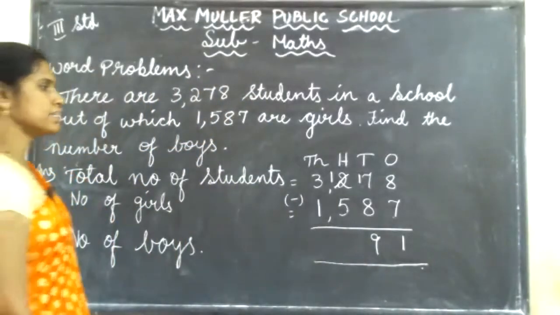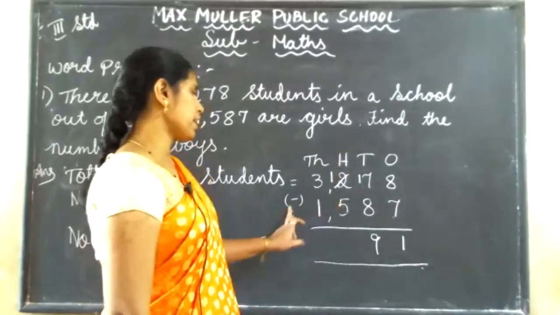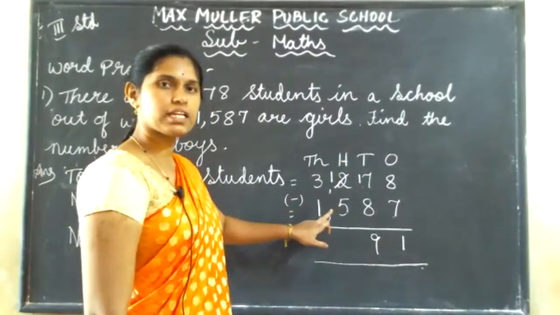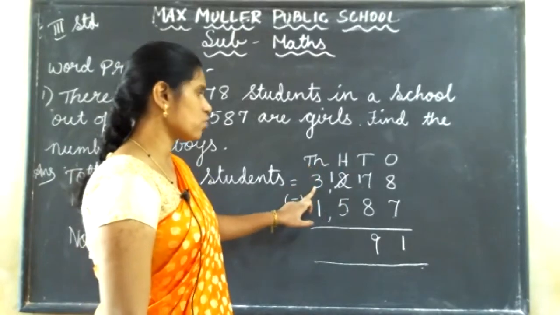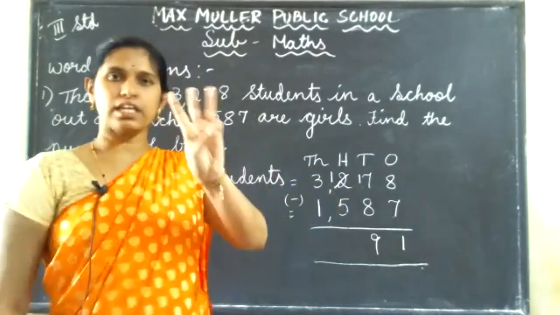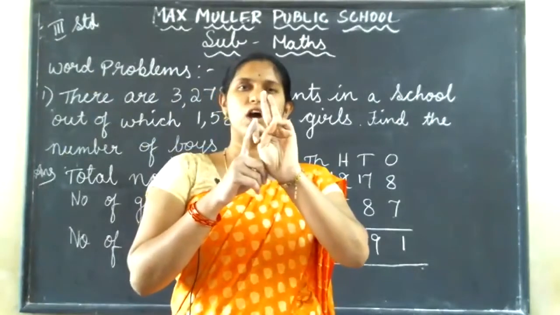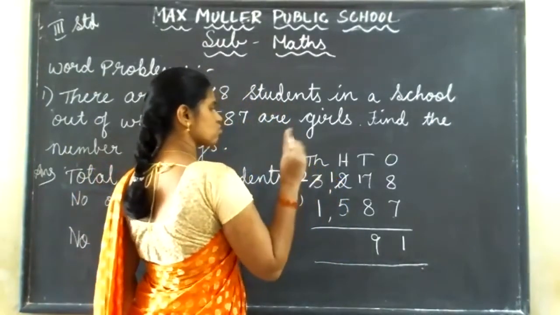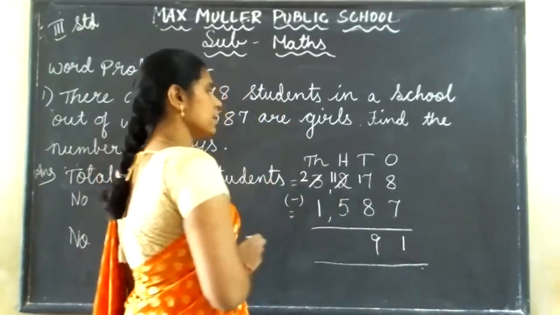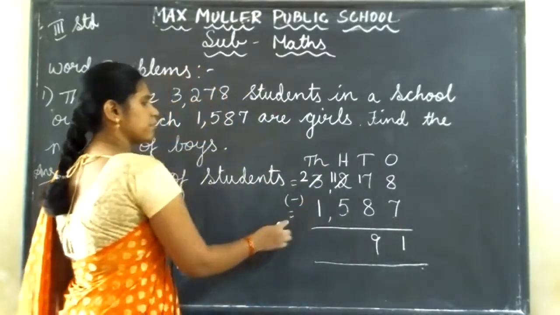Next, in hundreds place, 1 minus 5. From 1 can I minus 5? No. Go to the thousands place. In thousands place, what is the number they have given? 3. From 3, if you minus 1, how much you'll get? 2. So write down 2 here. This one I'm carrying here in hundreds place. 11 minus 5.